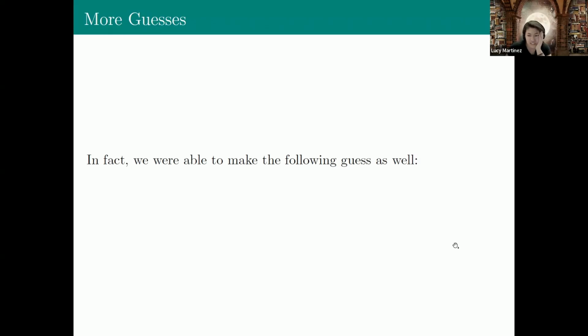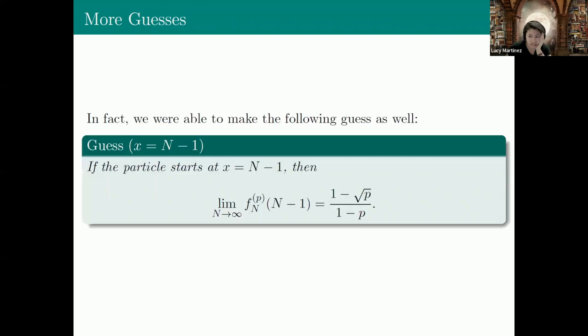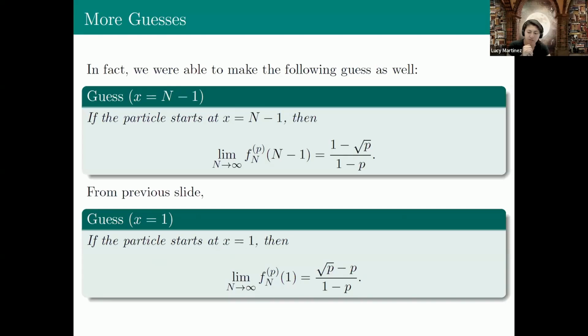In fact, doing the same procedure, we were able to make also the following guesses. If instead of starting at x equal to 1, it starts all the way on the other end, minus 1 unit, so n minus 1, then this is the expression for that limit. Let's bring back from the previous slide the expression from starting at x equal to 1.